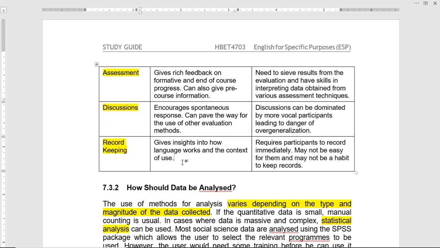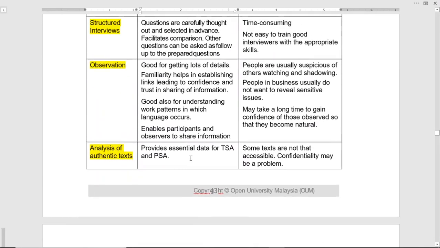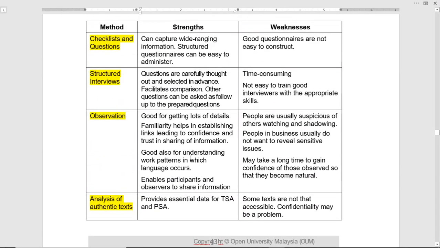The people who are participating in the class, whatever they are performing, you record them, or they can record. Otherwise, the learners can, in their particular field, record their immediate needs, whatever difficulties they have with the English language.